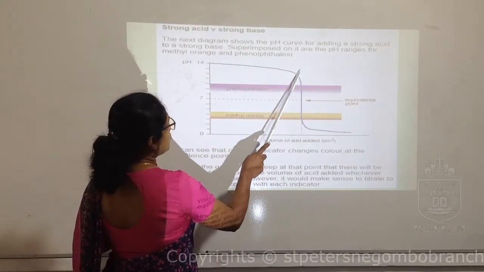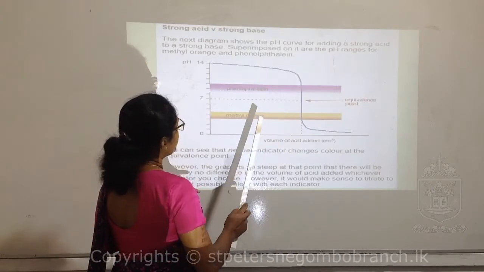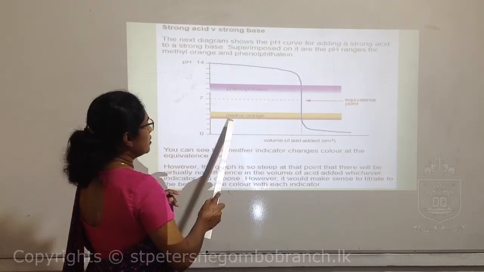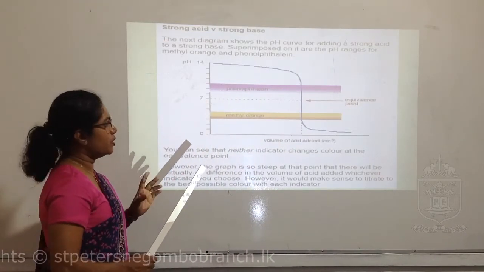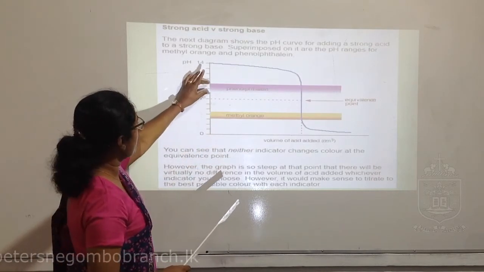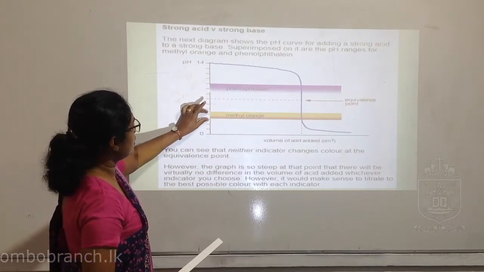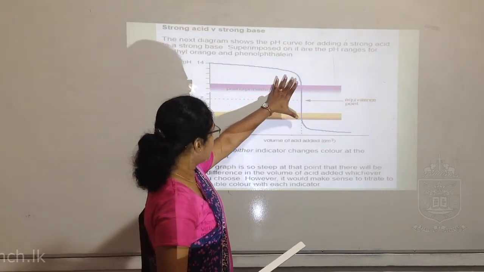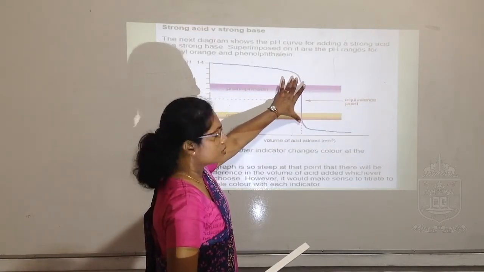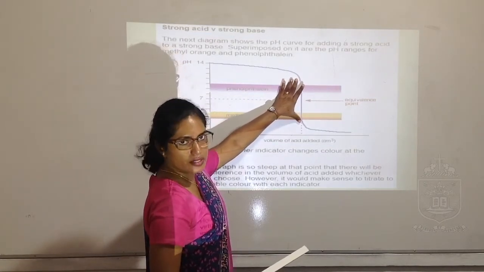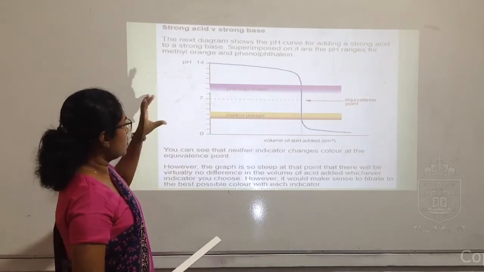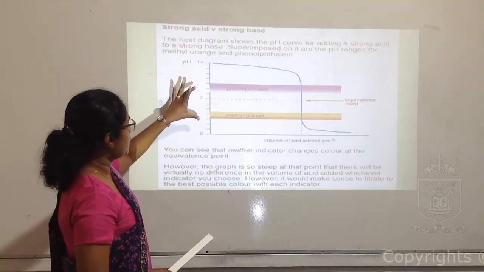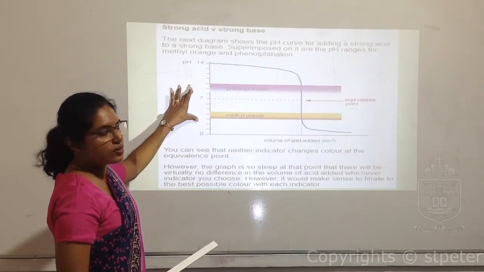So for this titration, we can use both of these indicators because the pH ranges of these indicators lie in between the steep pH change of this titration. So we can use both indicators for this titration.